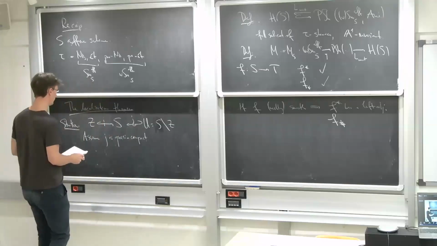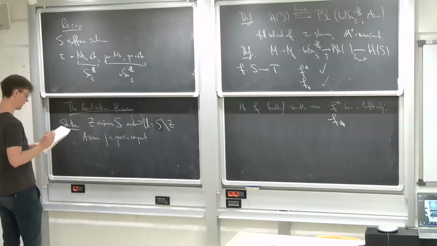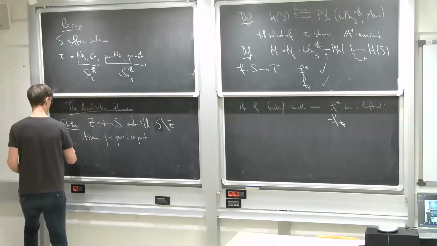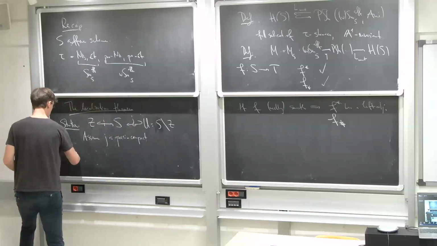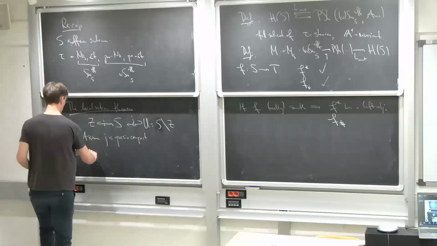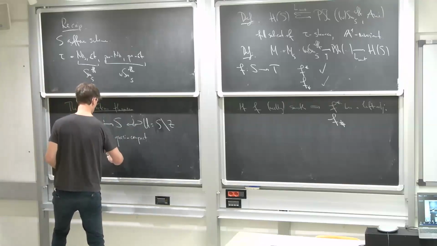And so there is a first step that I will have to do, but that I want to do really, really briefly, because it's kind of formal and boring. So there is a functor extension.